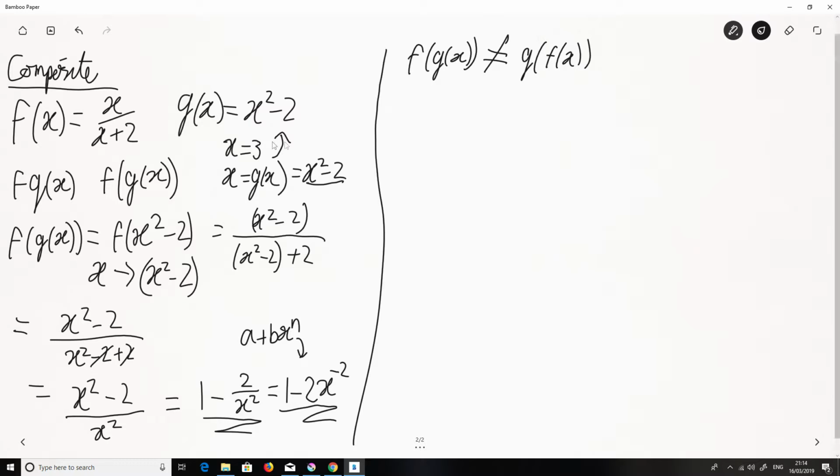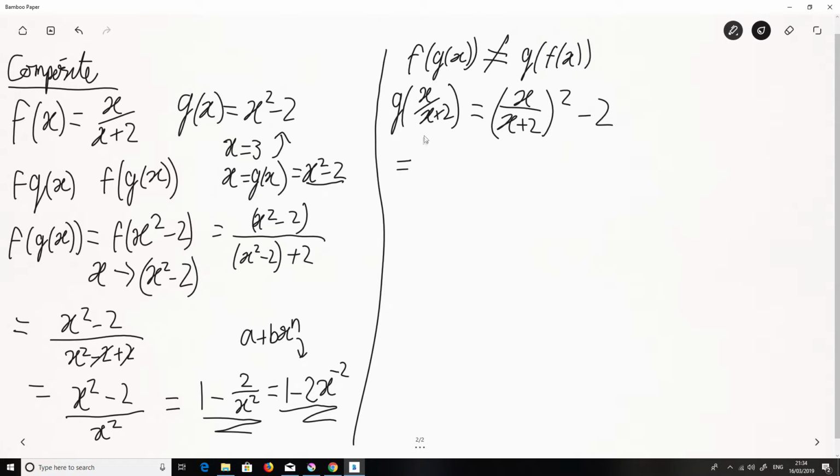So in this case, that means we want g of x over x plus 2. Okay, so to take the composite of g of f of x, we get g of x over x plus 2, and that would be equal to, so we just sub x over x plus 2 into here, so that's x over x plus 2 all squared minus 2, because this is an x squared, so we have to square all of this.